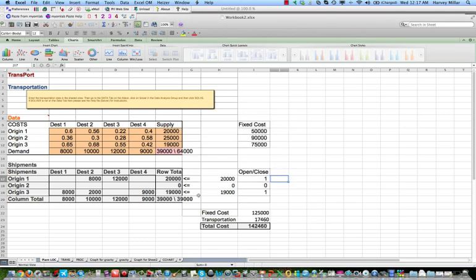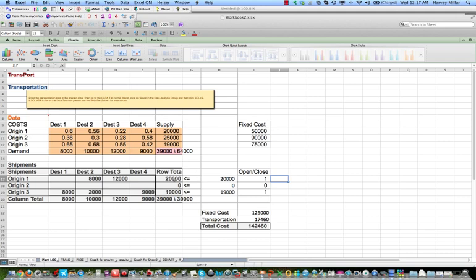Voila! I found a decision which basically said open plants 1 and 3, which would have a total fixed cost of $125,000, but my transportation cost would be $17,460. And you could see origin 1 would ship to destination 2, 3, and then origin 3 would ship to 1, 2, and 4.